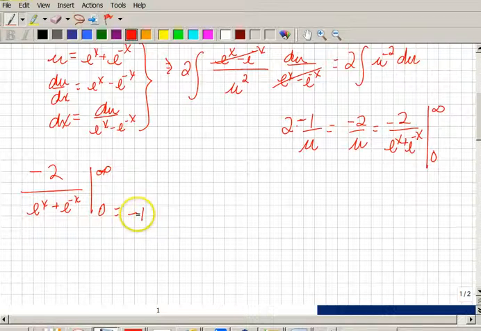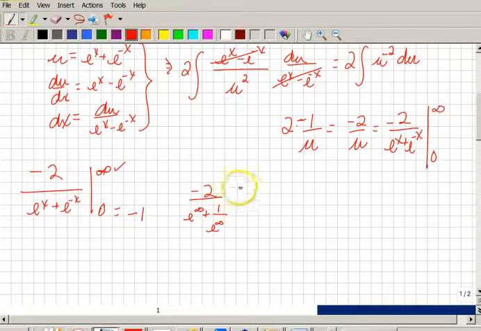Okay, now the top. Here comes the tricky part. When we put infinity in, we're going to get negative 2 over e to the infinity plus e to the negative infinity, or 1 over e to the infinity. Well, that gets to be a little messy. And that really is not that difficult to visualize what's going on, because that equals negative 2 on the top.